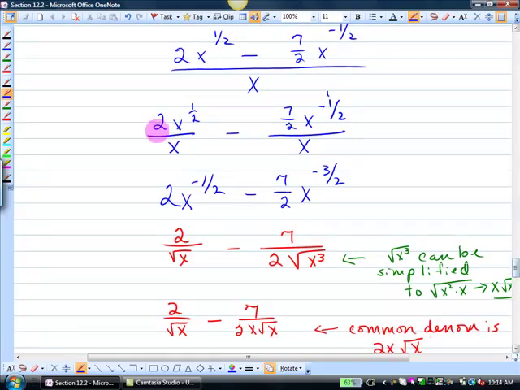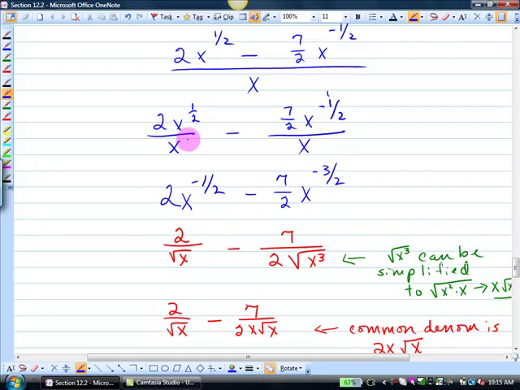All right. What happened from here to here? 2x to the 1/2 over x. How does that become this? When you have a division, you subtract exponents. Just like we said, when you have a multiplication, you add exponents. So there's an understood 1 here, right? So 1/2 minus 1 becomes negative 1/2.